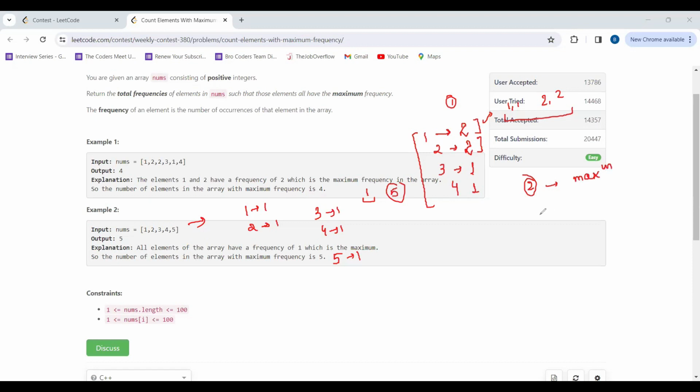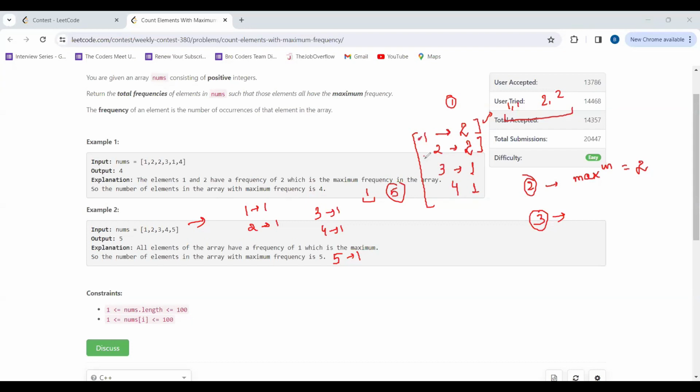So in the second step, we'll find the maximum frequency. And once we have found that maximum frequency in that array, we need to find all the elements which have this frequency, right? So here in the second step, we found out the maximum frequency is 2. Now we'll find out how many elements have this maximum frequency of 2.